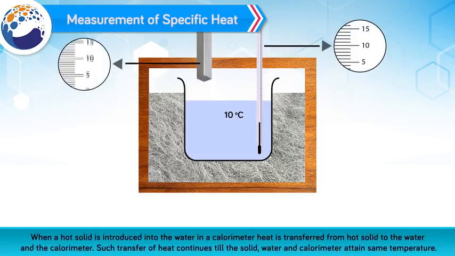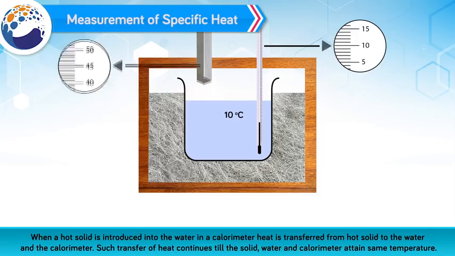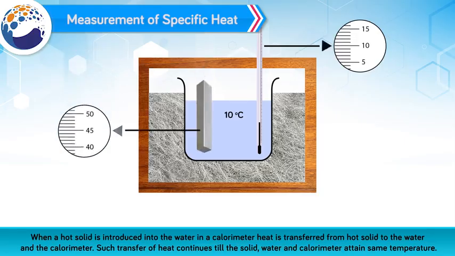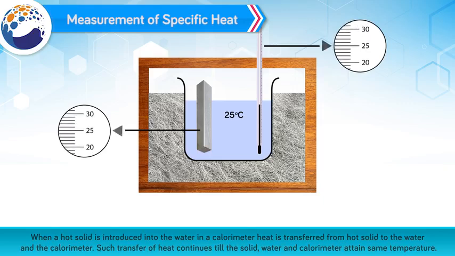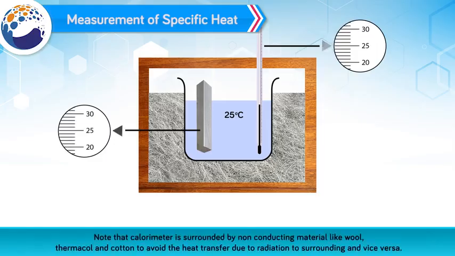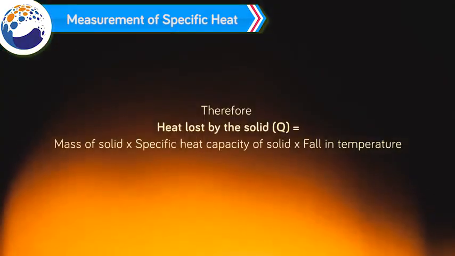When a hot solid is introduced into the water in a calorimeter, heat is transferred from the hot solid to the water and the calorimeter. Such transfer of heat continues till the solid, water and calorimeter attain the same temperature. Note that the calorimeter is surrounded by non-conducting material like wool, thermocol and cotton to avoid the heat transfer due to radiation to surroundings and vice versa.